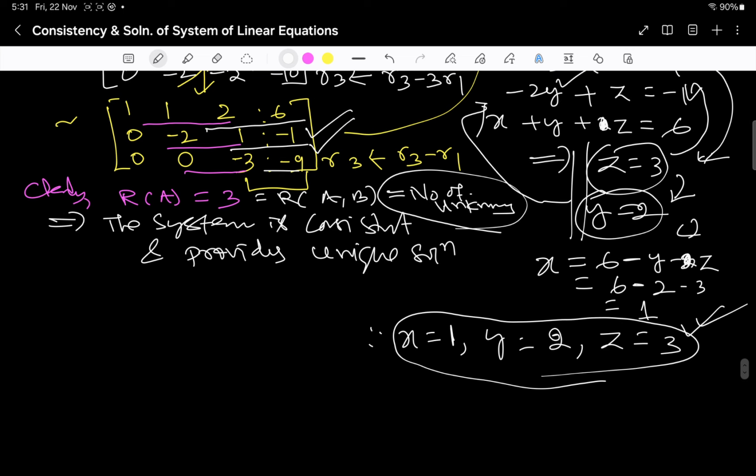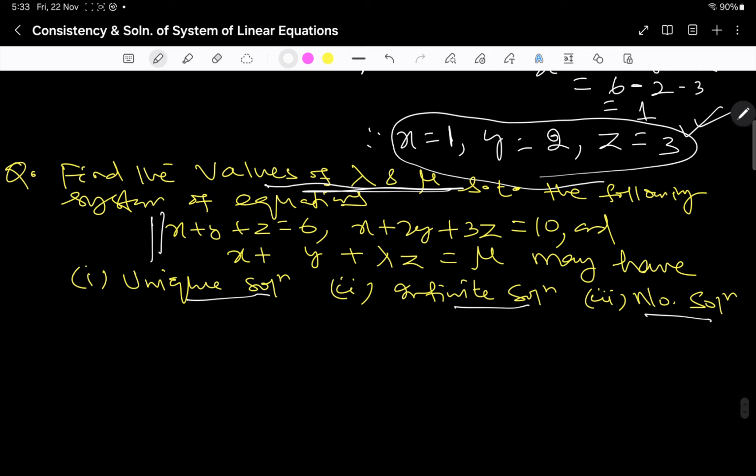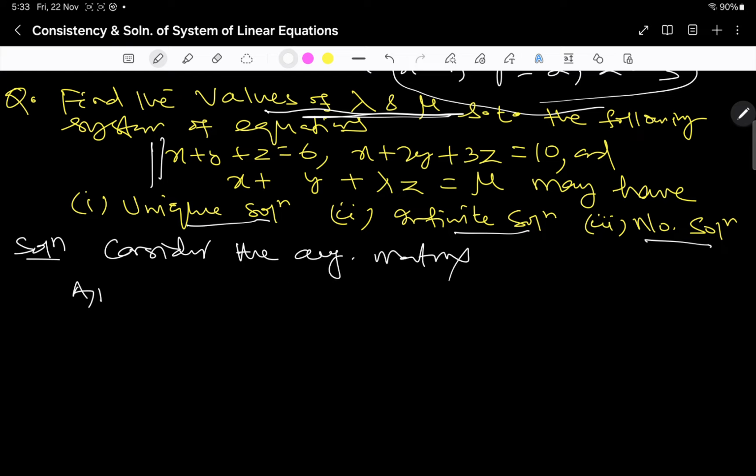Okay, so now coming to another example, another important problem. Find the values of the parameters lambda and mu such that this system possesses a unique solution, infinite solutions and no solution. Okay, so as usual we should solve it. Consider the augmented matrix, which is AB.